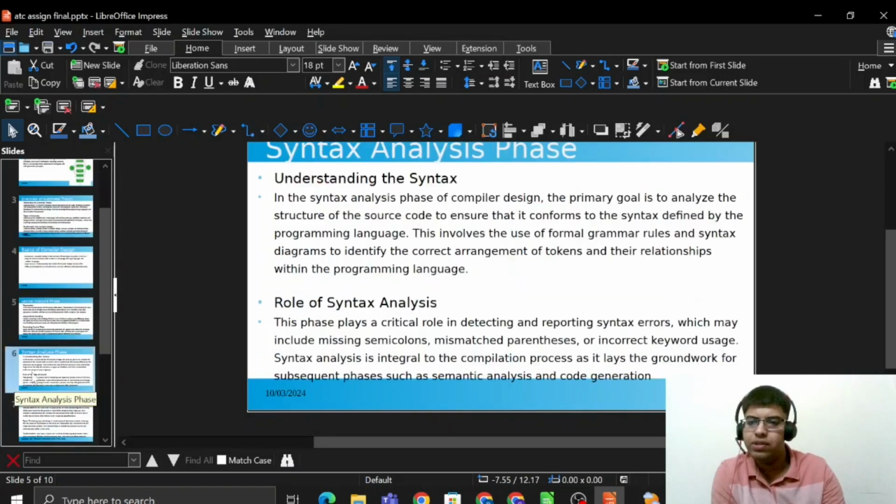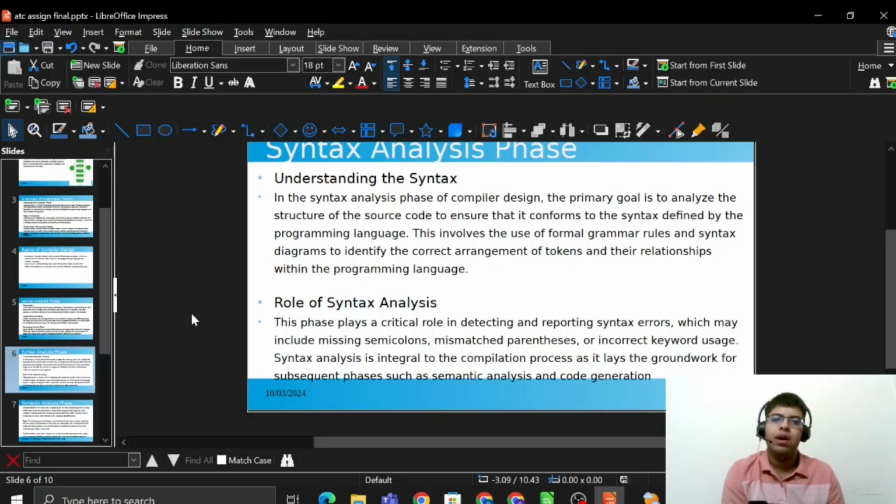Now the next phase is the syntax analysis phase. Here, we analyze the structure of the source code to ensure that it is as defined by the programming language. It involves the use of formal grammar rules and syntax diagrams to correctly identify the arrangement of tokens and their relationship within the programming language.